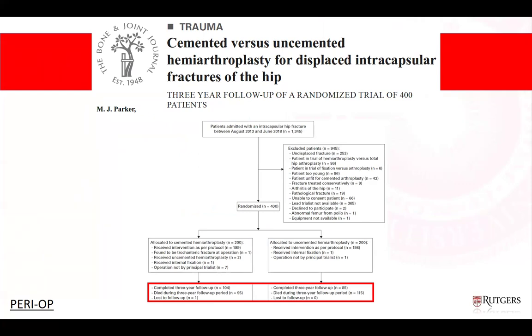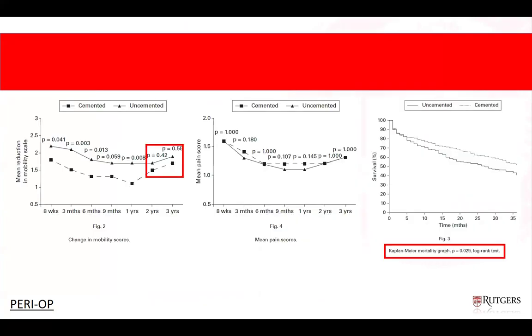It was a 3-year follow-up of 400 patients randomized to cemented and cementless hemi for femoral neck fractures. I highlight this study because it's recent and has decent midterm follow-up. There were 210 patients, and only one was lost to follow-up at that 3-year mark. The overall mortality rate was 52.5%. As you can see on this graph on the left, the uncemented group is on top and the cemented group is on bottom.